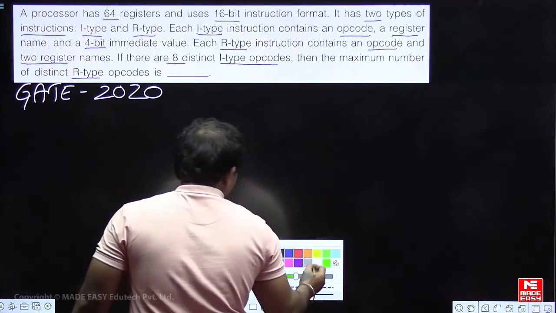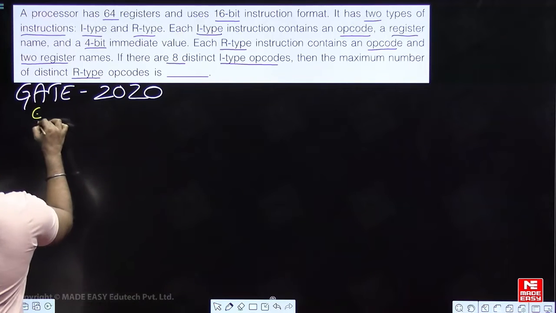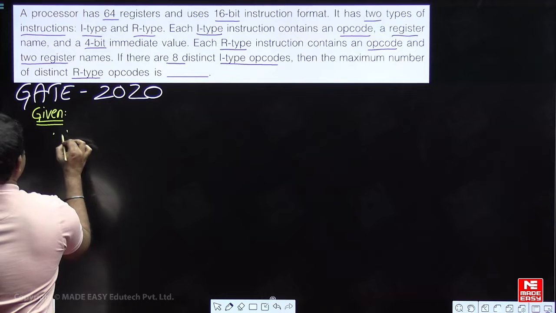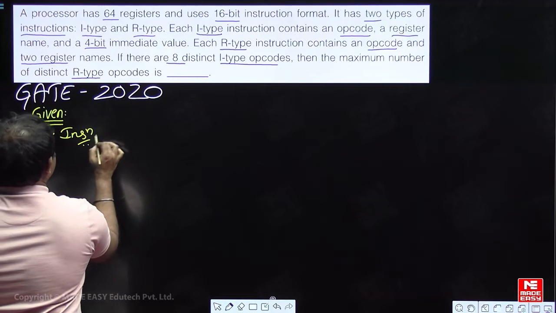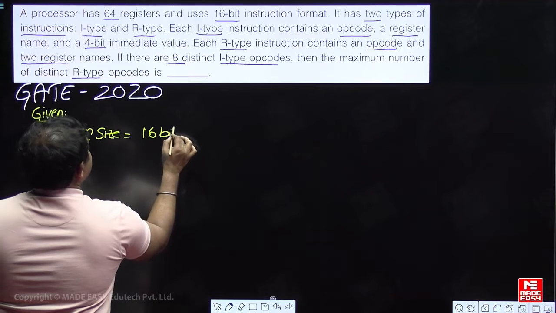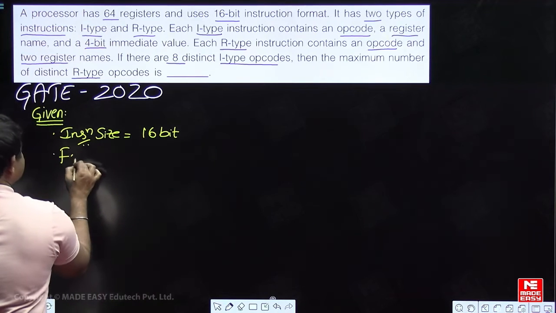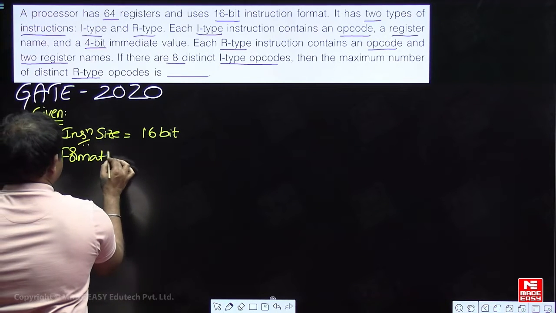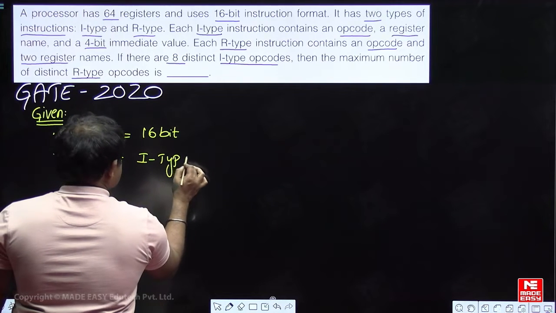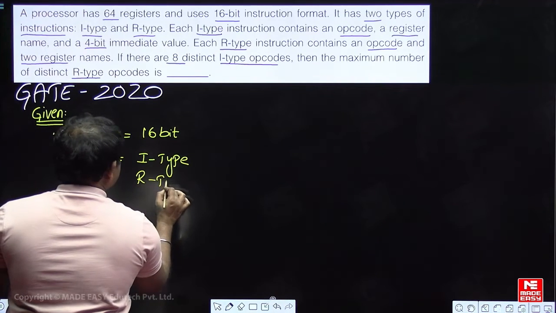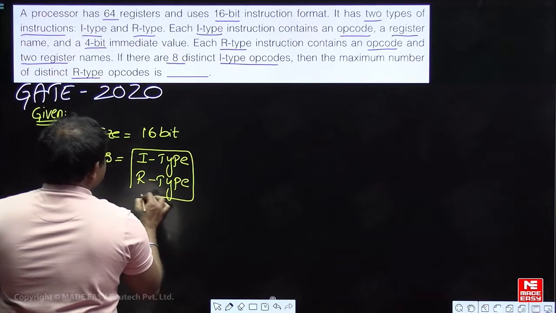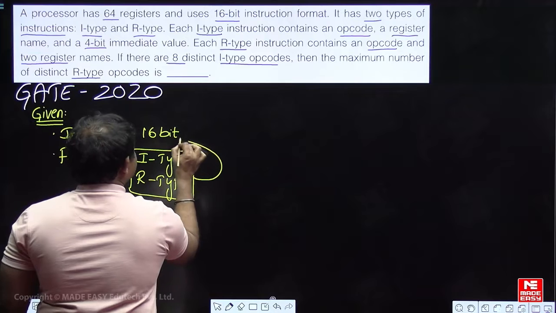Okay, so the given data is: instruction size is 16-bit. Instruction formats are the I-type format and the R-type format. Two types of formats are given. Different formats, but the size of the instruction is fixed.